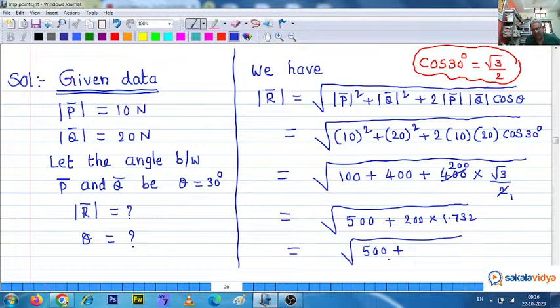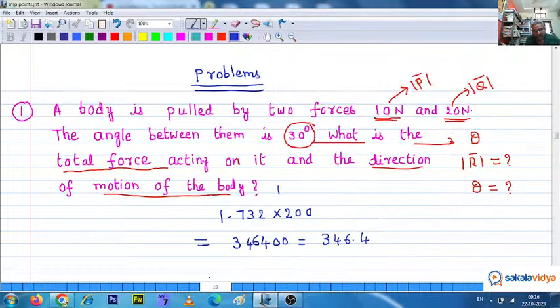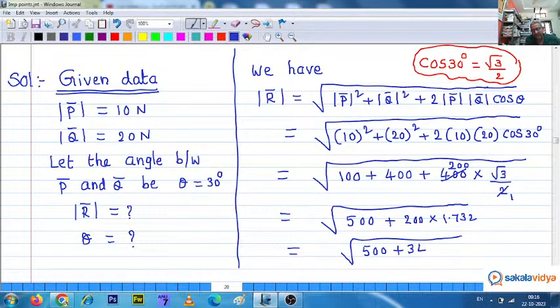So now 346.4 added with 500, how much you get now? So this equals the square root of 846.4. So you will get the approximate value of this square root 846.4.